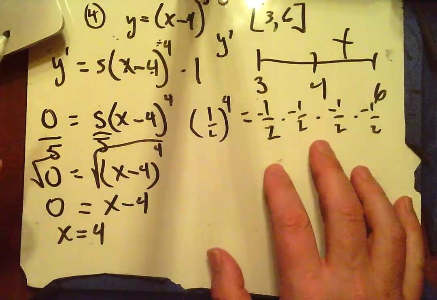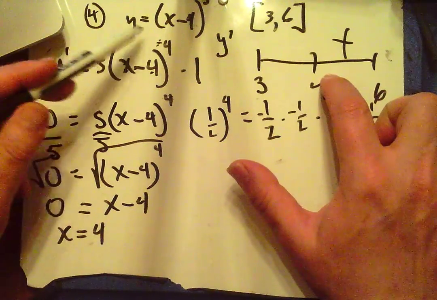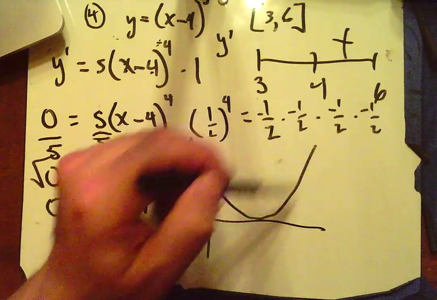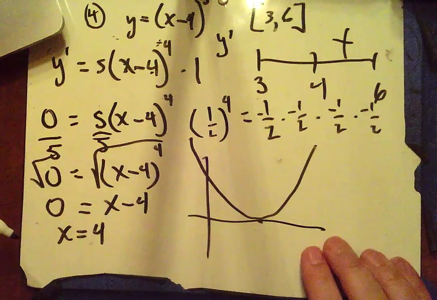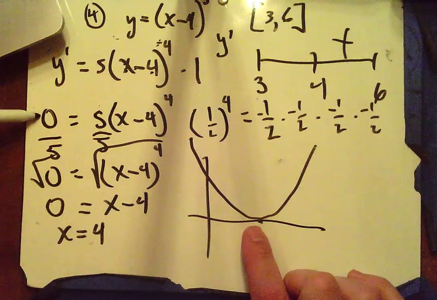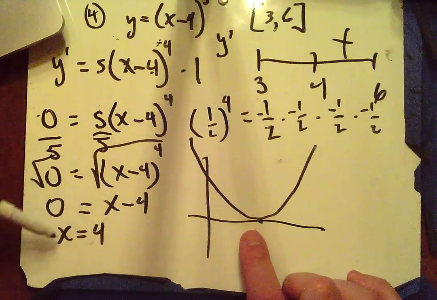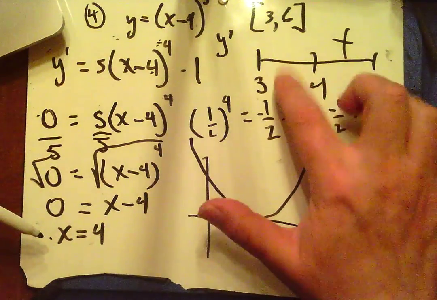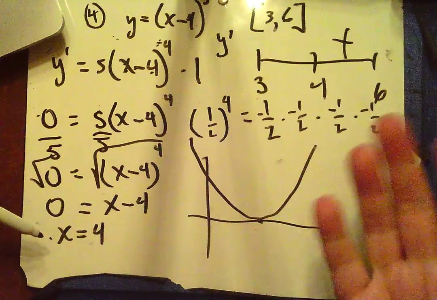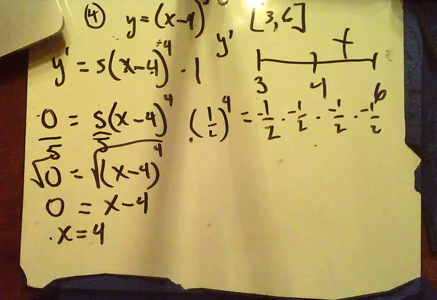Well, this is a little surprising to me because I'm sort of expecting to get 0 here. When we looked at this graph, didn't we have a horizontal tangent here at 4? So shouldn't my derivative be, oh, my derivative is 0 at 4, and oh, there it is. So what was this? Oh, this was testing. So I expect negative between 3 and 4. I don't seem to be getting negative here. So what's happening?